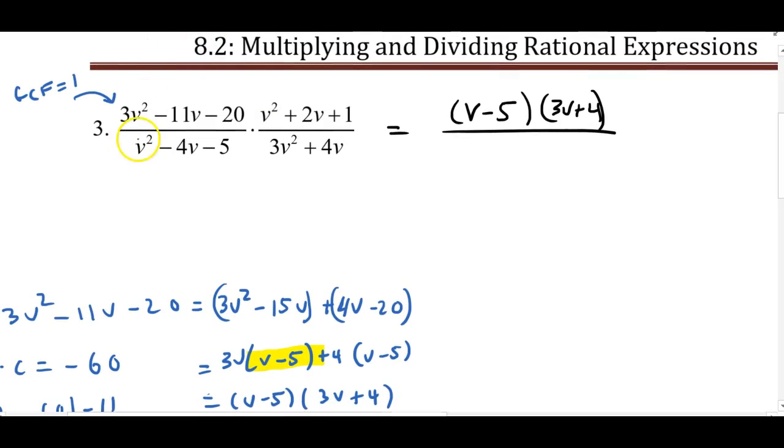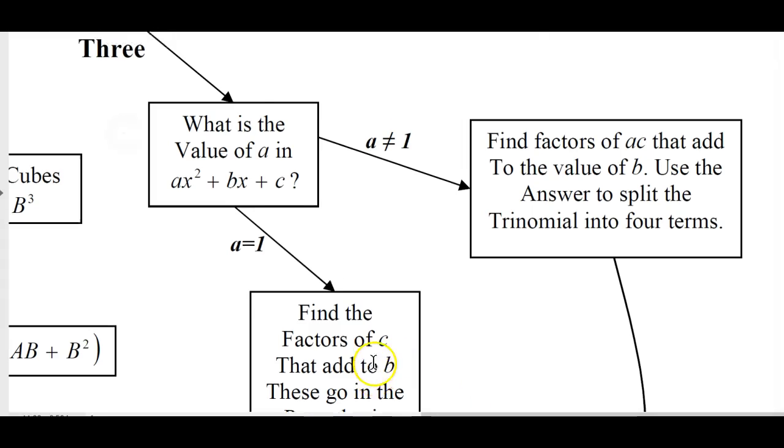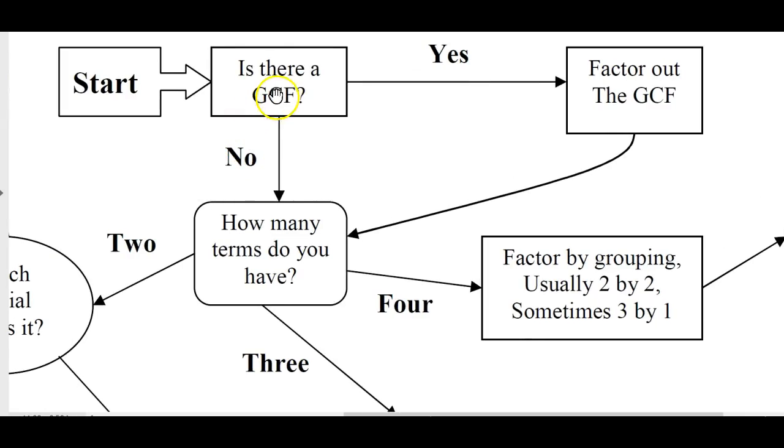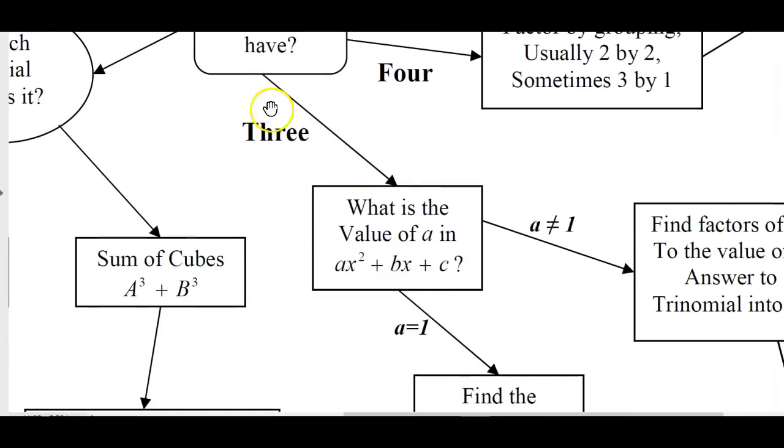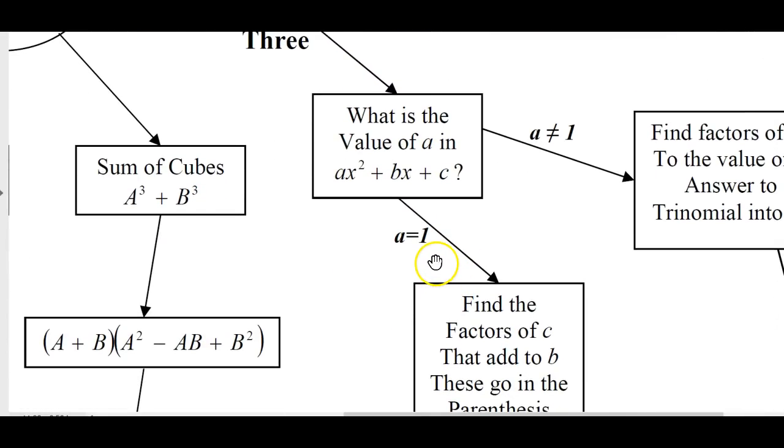What about the denominator? What will be the GCF of the denominator? 1, okay. Now 3 terms. I'm just going to walk through this one more time. The GCF is 1, 3 terms. This time the coefficient of the square term is 1, right?